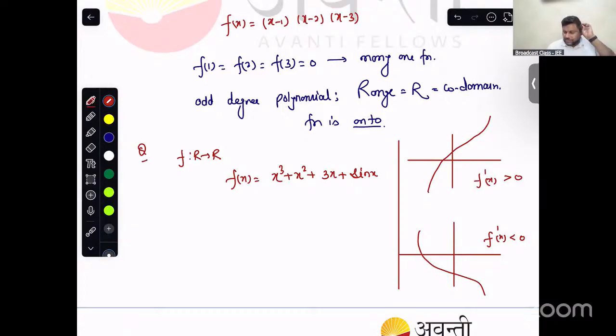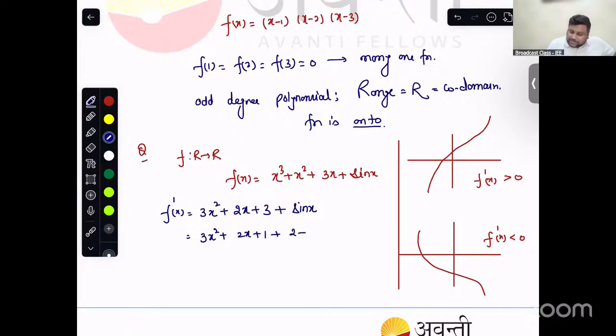Now, this is your fx. If I calculate here, f dash x is going to be 3x squared plus 2x plus 3 plus cos x. I hope that much of derivative you are already aware. You must have done it in physics also. Yes or no?